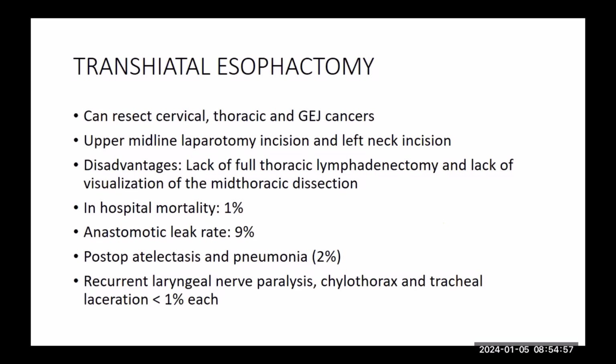The most common complication of this type of esophagectomy is anastomotic leakage, that is 9%, and post-op atelectasis and pneumonia chance is 2%. So when there is a high chance of pulmonary comorbidity, we prefer this approach because the transthoracic approach has more pulmonary complication.